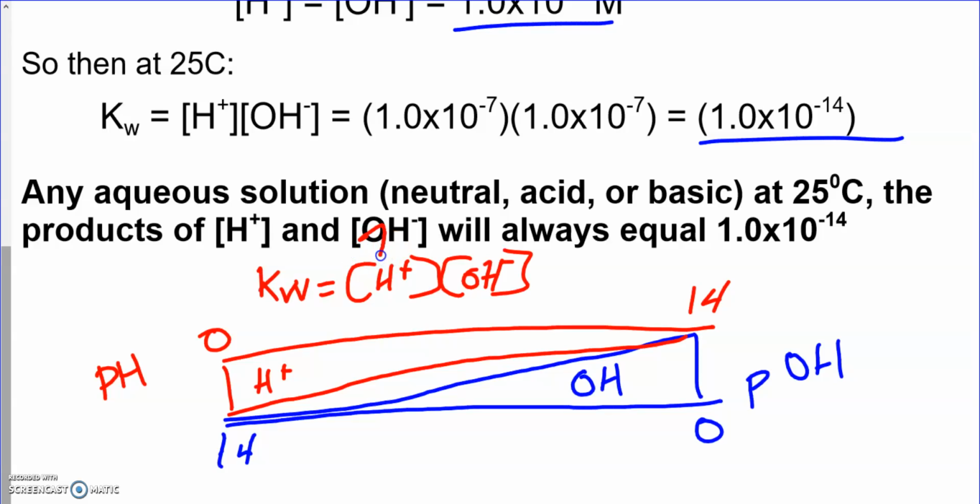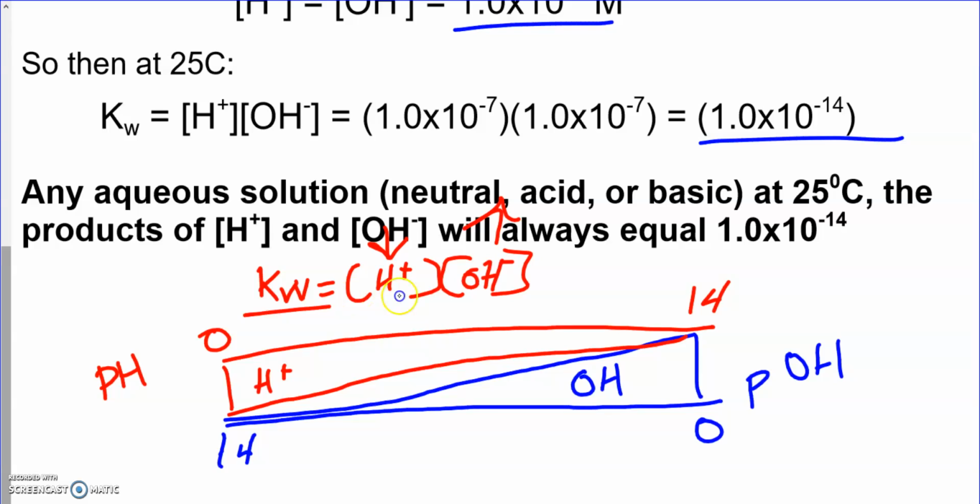If I increase my hydrogen ion concentration, Kw is a constant, so hydroxide has to decrease, and vice versa. If I increase my hydroxide ion concentration, Kw is constant, so hydronium, or hydrogen, has to decrease. And we see that as we go up the scale, hydroxide increases and hydrogen decreases. This is what creates an acidic or basic solution.